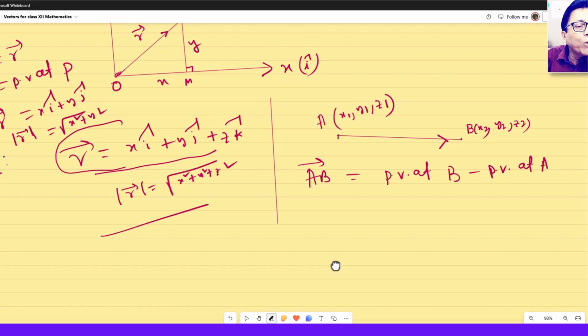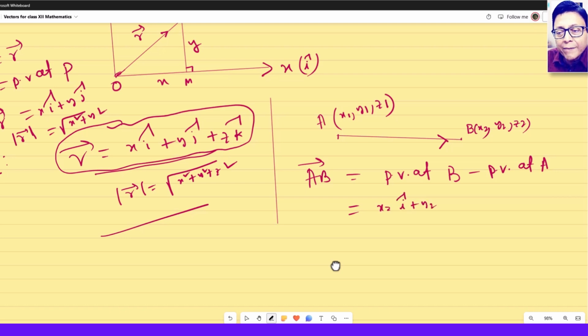Position vector of a point whose coordinates x, y, z are given is given by this. So here position vector of B will be x2 i cap, y2 j cap, z2 k cap, minus x1, y1, z1.